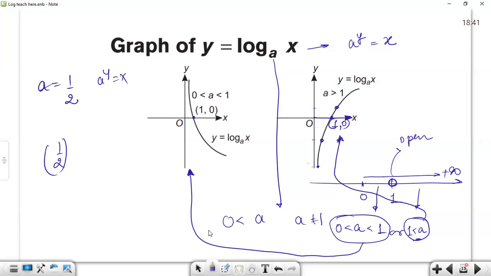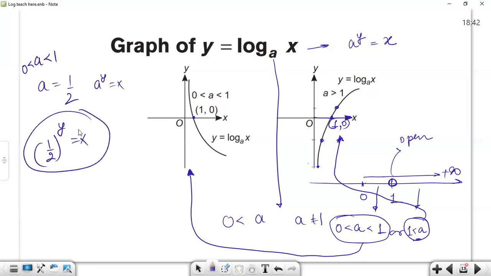So now we will represent this exponential function with base a being half, which lies in the period of 0 to 1, and it is not 0, not 1. So half raised to power y is equal to x. Now we have x and y only as variables in the equation.